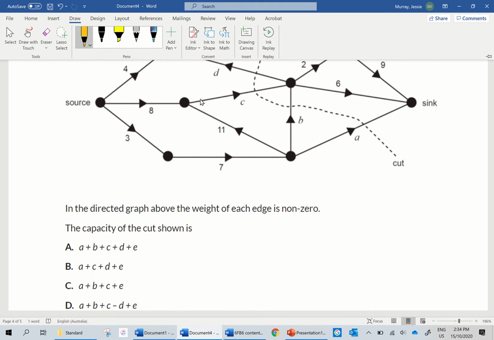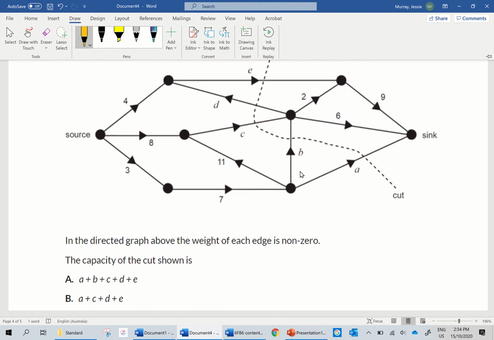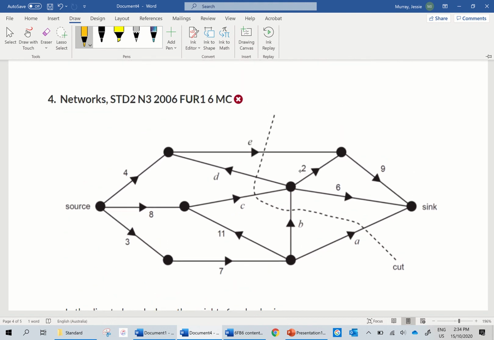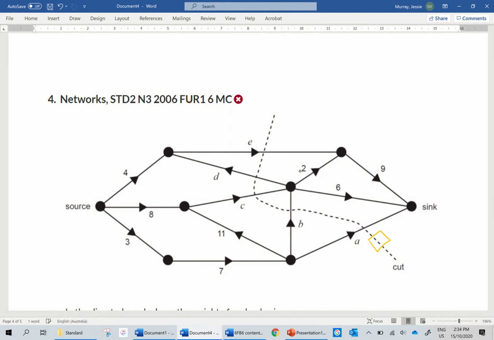The capacity of the cut is shown is, now, when you do a cut, the rule says from the bottom of the cut up to the top of the cut, and this is in that video that I gave you guys to watch for your Flexi Friday when you learn about this. Draw a little car.